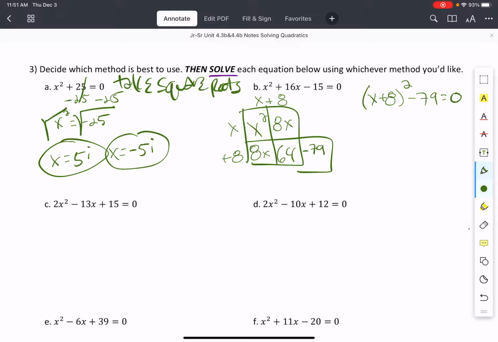I'd be done except for this one word right here, right? Solve. So now I need to start getting the x alone. So what's first?